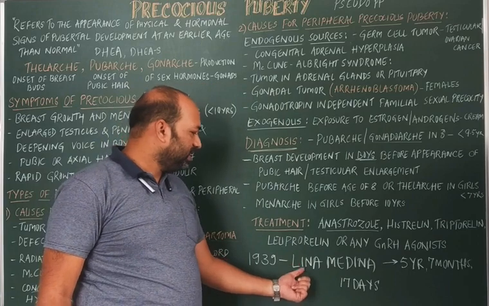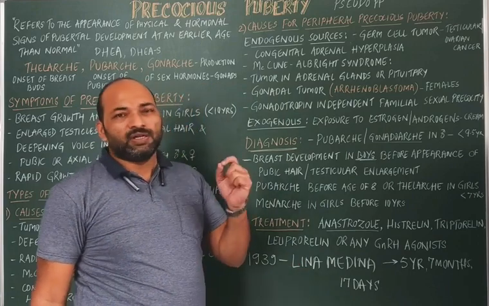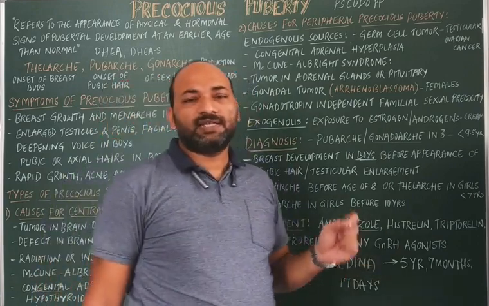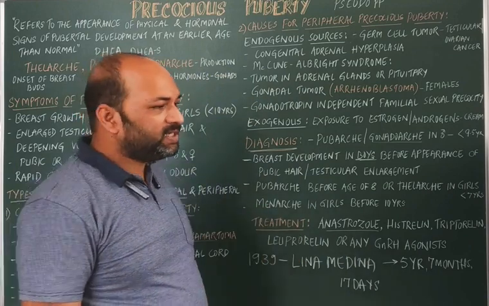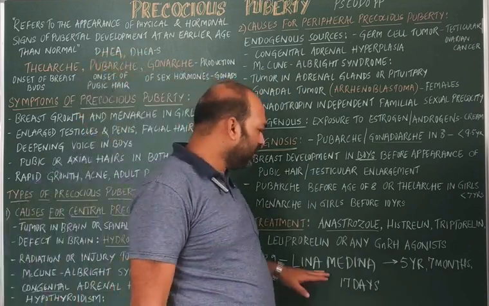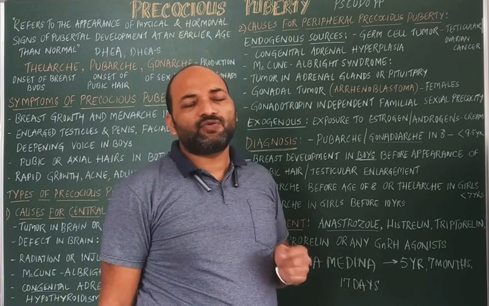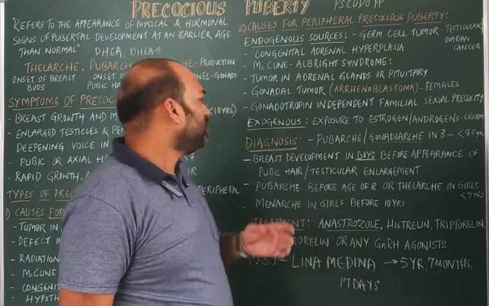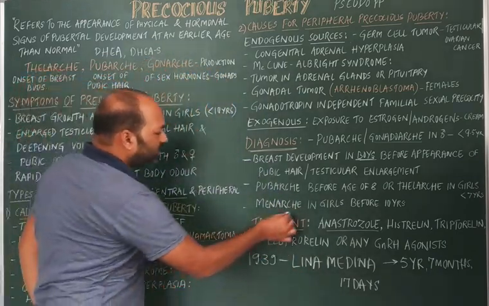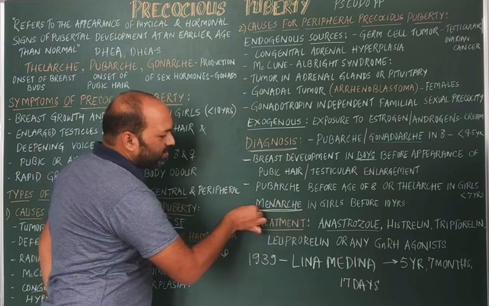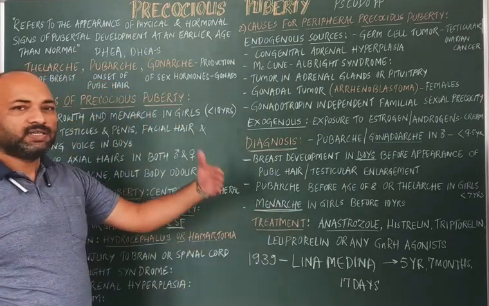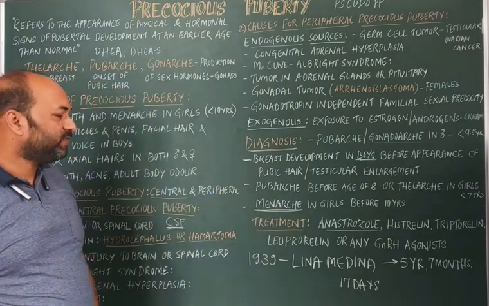It is reported that Lena Medina had her first menstrual cycle at the age of 2.5 years.